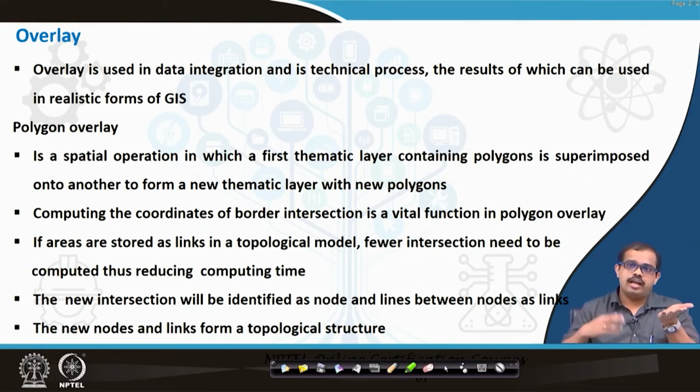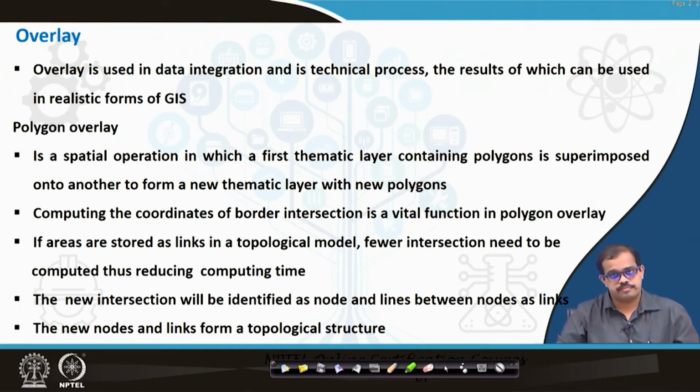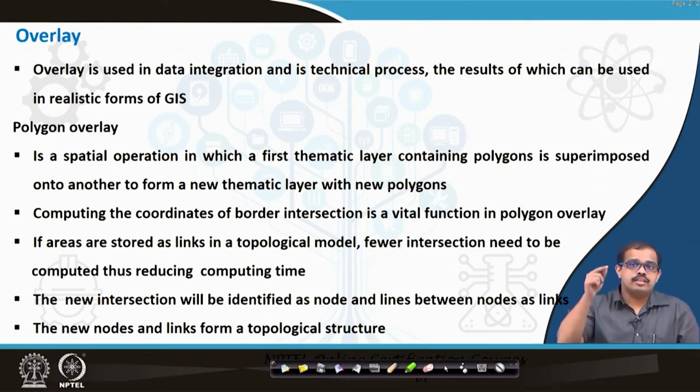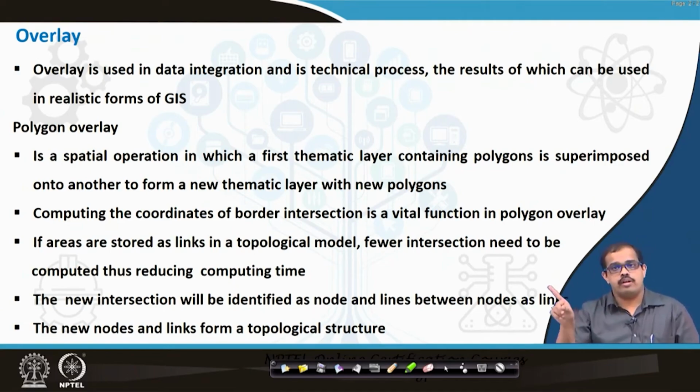I have another thematic layer where I have digitized all the buildings that are close to water bodies. So, now I have polygons as buildings in both layers, so it is a polygon on polygon overlay.